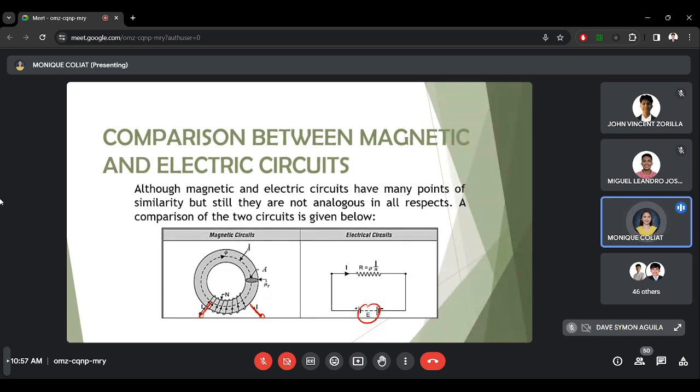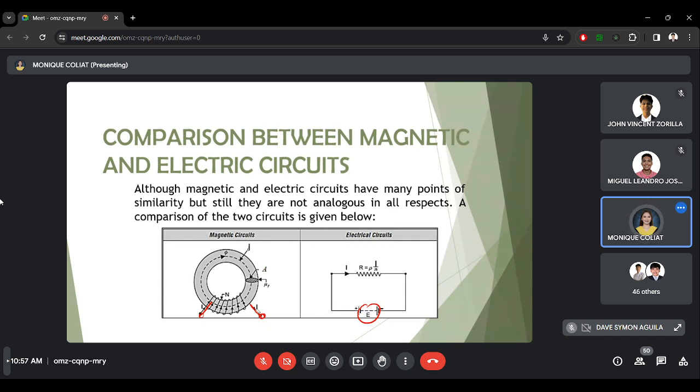This is the magnetic circuit, circular. Then we have the wire wrapped around, which is why we always have the number of turns, because that is how many times you wind the wire on the coil, on the ring. Then you apply your current.